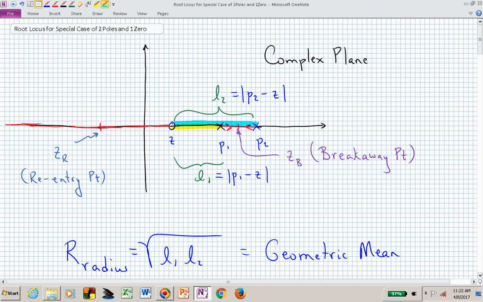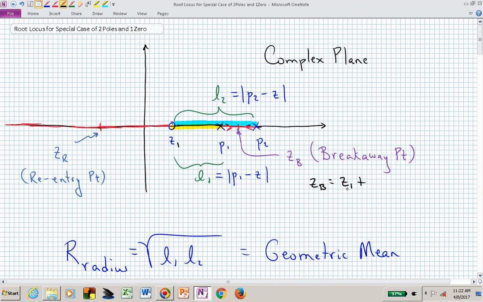L sub 2 is the length from the zero to the second pole. The geometric mean will now be used to determine the location of the breakaway point, Z sub B, from the circle's center, which is the zero location, Z. The breakaway point is now Z, the zero's location, plus, maybe I should say that's Z sub 1.